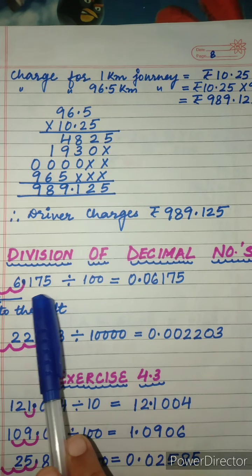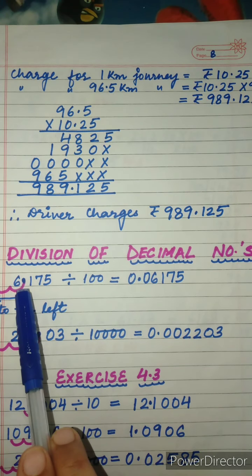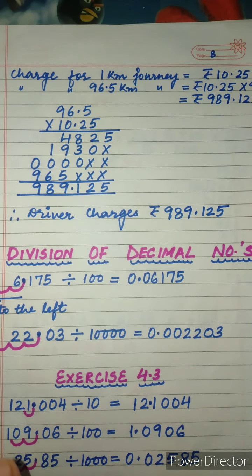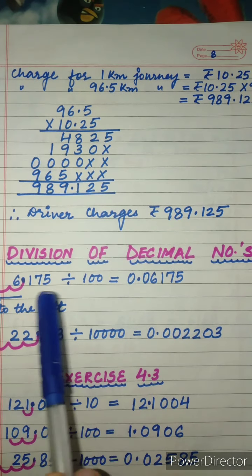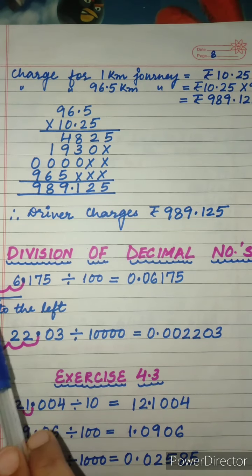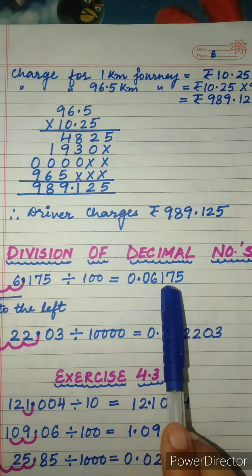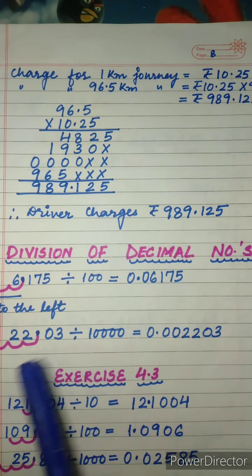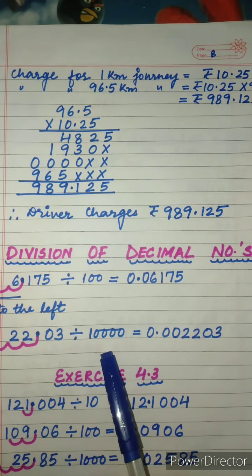That is 6.175 divided by 100. So now we are going to move our decimal place towards the left. How many zeros are here? 2. So we are going to move our decimal place 2 places. That is 0.06175.